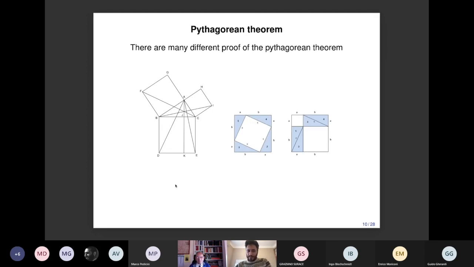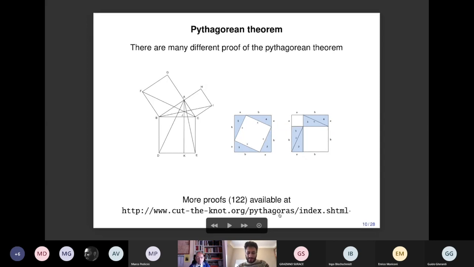However, there is this proof that I rather prefer because for me it's simpler. It says that the square on the hypotenuse is the sum of the squares on the two sides. And if you want to have fun, there is this website in which you can find 122 different proofs of the Pythagorean theorem. But I claim that they are different, but the real question is, are they different? Can we say that these are different proofs? And how do we say that they are different proofs?